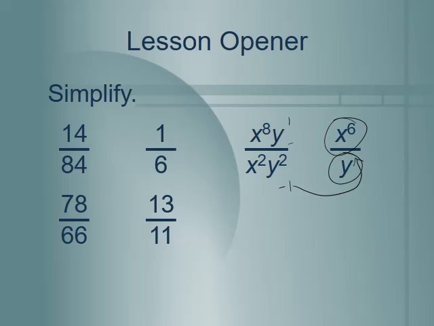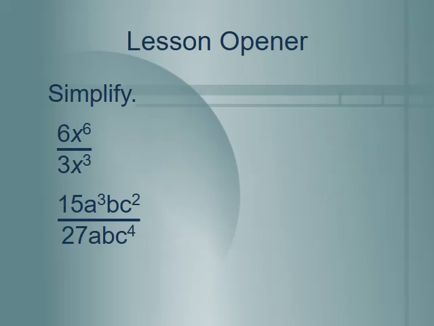That makes it have to be on the bottom of your fraction. When you go x minus 2, you end up with +6, and the positive exponents go on the top. So remember, positive exponents always go on the top of the expression, and negative exponents always go on the bottom of the expression.